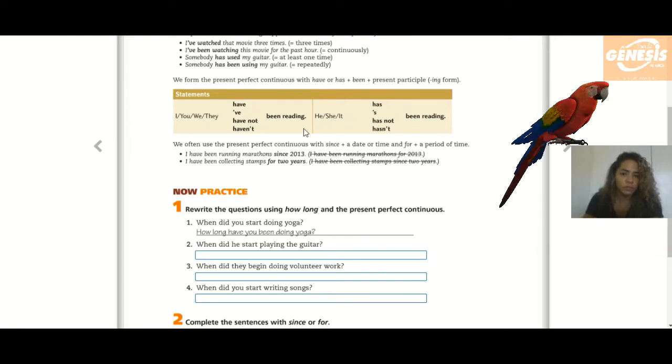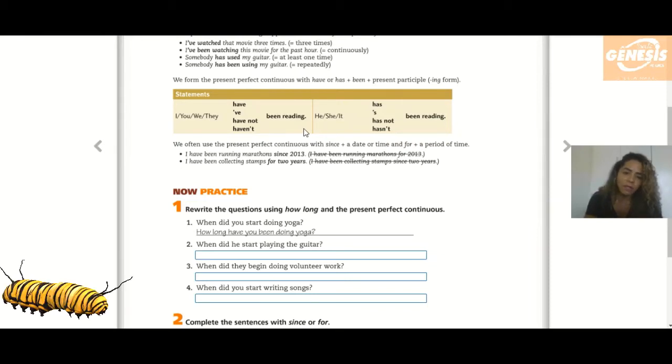So I haven't been running marathons since 2013. So this is a specific year. So since 2014, I've been running marathons. Now look at this. I have been collecting stamps for 2 years, right? So for is for a period of time, right?